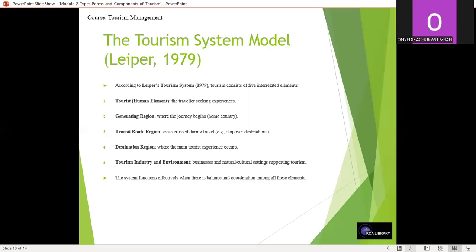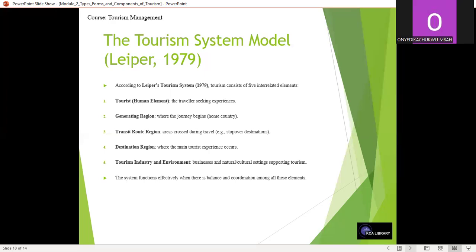As a Nigerian, your generating region is here in Nigeria. Number 3, we have the transit route region, areas crossed during the travel. For instance, you're traveling to, let's say, Canada, the countries that you pass before you get to Canada, that is your transit route region. Now we have the destination region, where the main tourist experience occurs. That's your final destination.